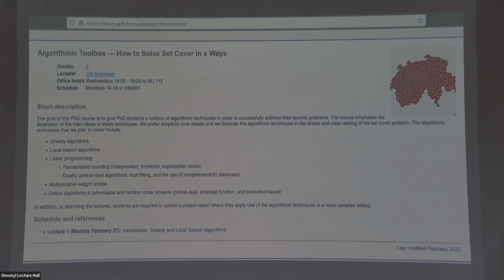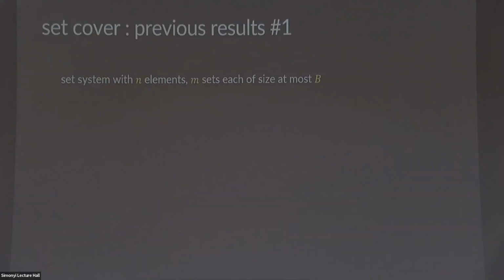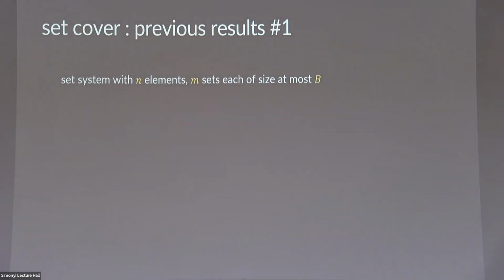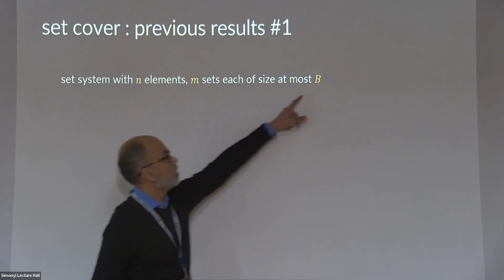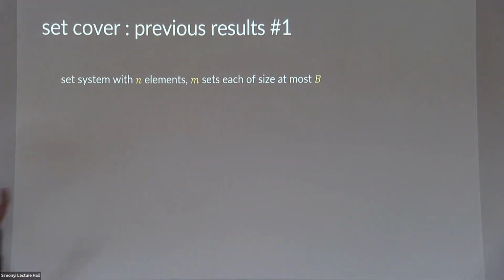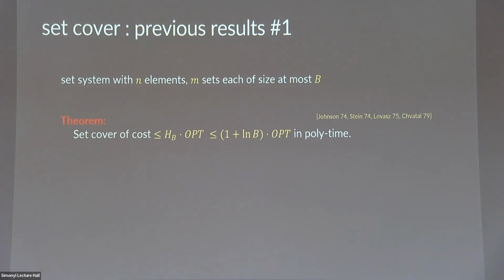In any case, what I'll tell you about is local search algorithms. Actually, let me tell you what I am going to tell you. Previous results for set cover: the notation is n elements, m sets, each set has size at most b. I have no idea why this is becoming fuzzy, but hopefully you can error correct.